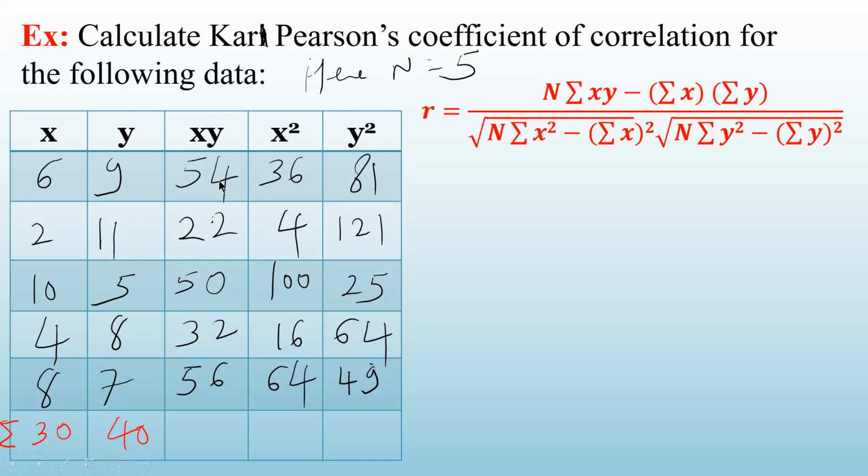Summation of x into y values: 54 plus 22 plus 50 plus 32 plus 56 gives you 240. Then summation of x squared: 36 plus 4 plus 100 plus 16 plus 64 gives you 220.